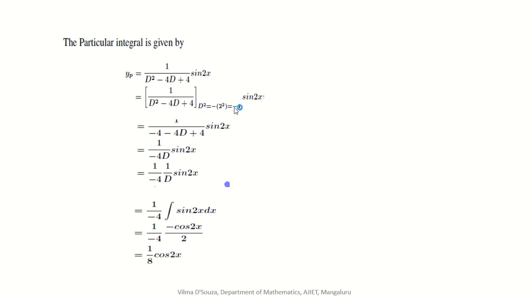So d square is equal to minus 4. So what do you get here? 1 by minus 4 minus 4d plus 4. All other terms as it is. D square is minus 4 of sine 2x. Now here minus 4 plus 4 gets cancelled. 1 by minus 4d of sine 2x, or minus 1 by 4 is a constant, 1 by d of sine 2x.